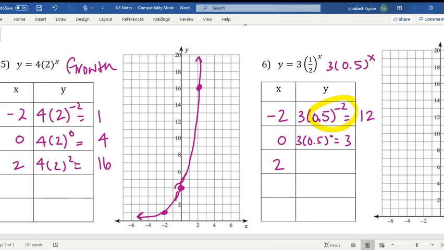And then plug in your 2. We're going to have 3 times 0.5 squared. So plug in your 0.5 squared. Do your 0.5 and then square it, and you should get 0.25. Did we get that part? Okay. And then multiply that by 3, and you should get 0.75.